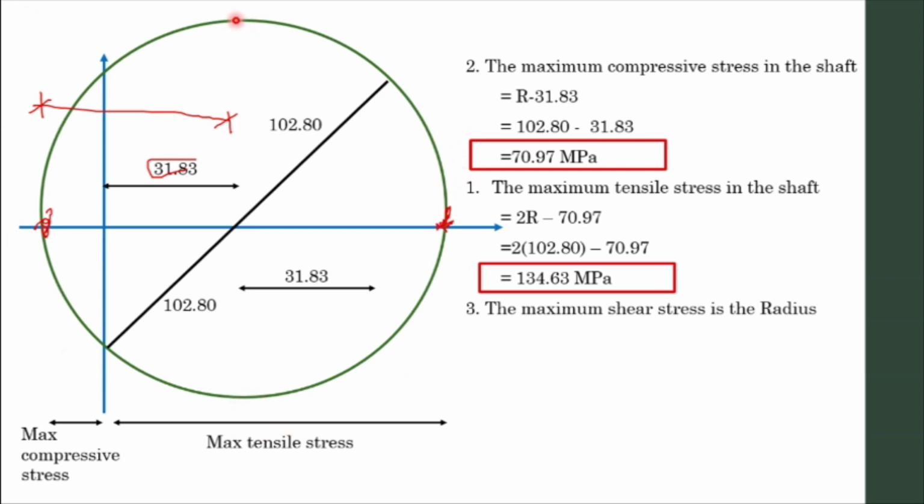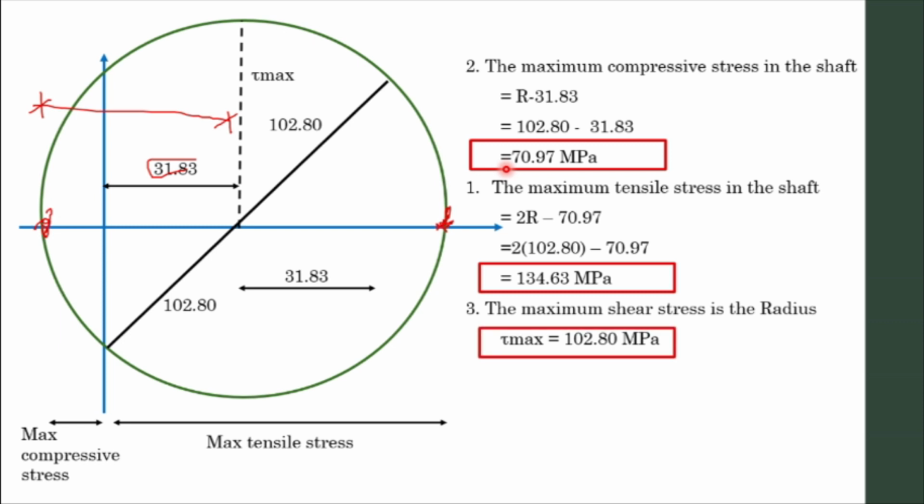Nandito, tsaka nandito. Tama? So, paano mo malalaman ang coordinate niyan? So, kung meron kang center, is just simply the radius, di ba? Then dito rin sa baba is just simply the radius. So the maximum shear stress natin is R radius. So ang Tmax is 102.8 megapascal. So yan.